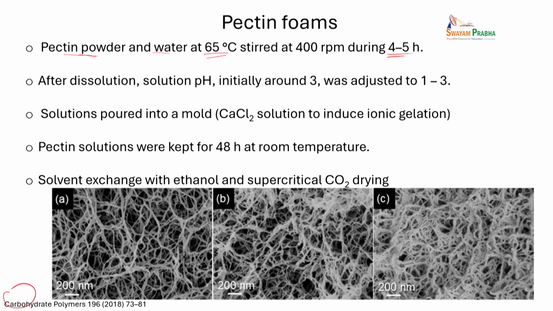So as you can see here, these are some images that show how porous these networks are. The thread like, fiber like structure that you see, you will see if you open, let's say, an orange and look at the inner wall, you will see this kind of very stranded structure.